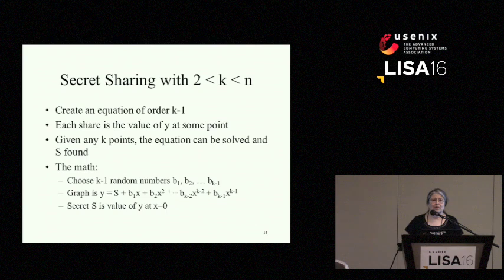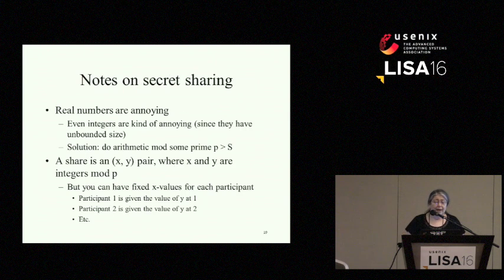What you need to do is create an equation of order k minus 1. So given any k points, the equation can be solved and S found. The math is you choose k minus 1 random numbers, b1 through b sub k minus 1. The graph is going to be y equals S, the secret, plus the first random number times x, the second random number times x squared, and so forth.